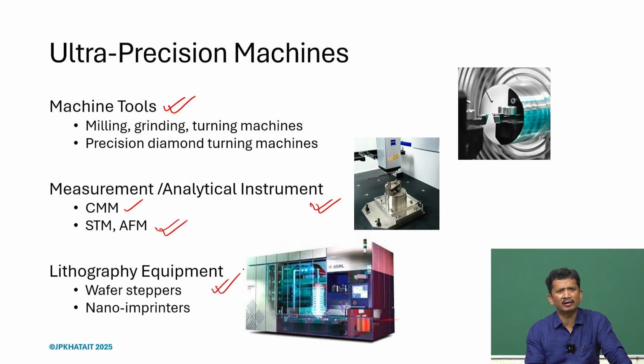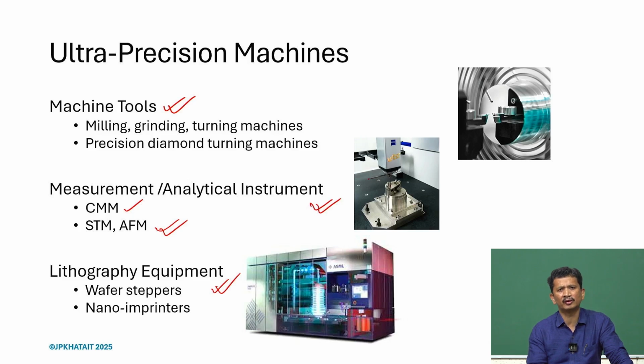Then come the semiconductor systems, the lithography equipment. We are talking about lithography equipment also: wafer steppers, nano imprinters. We would like to design and make chips of that order, and how precisely they have to be moved, the overlay, the step size, they are very precise.